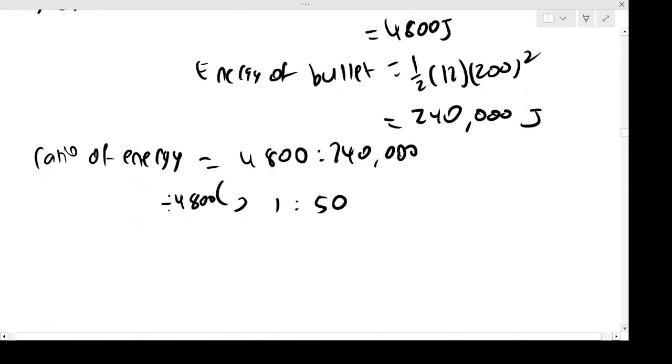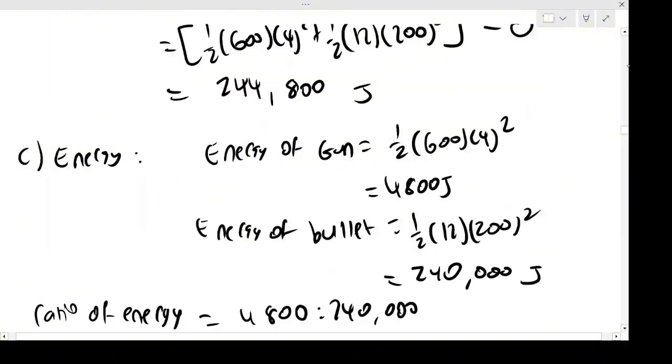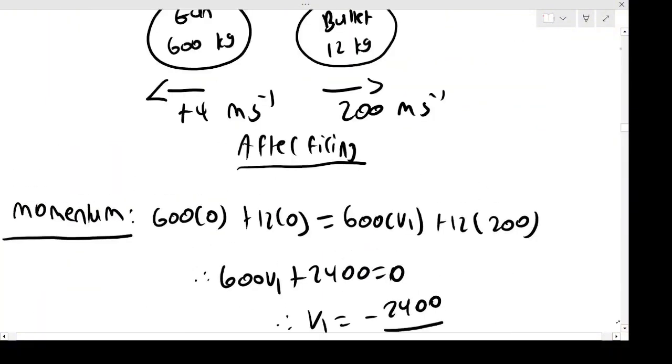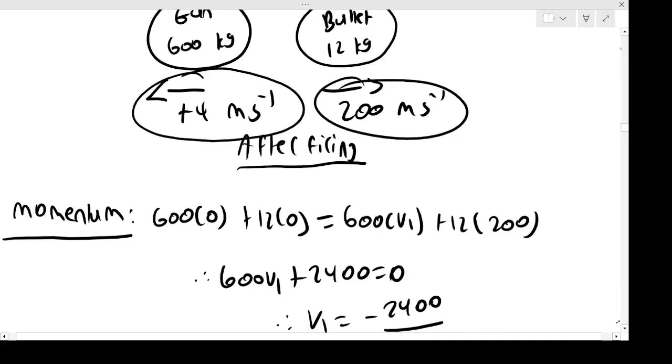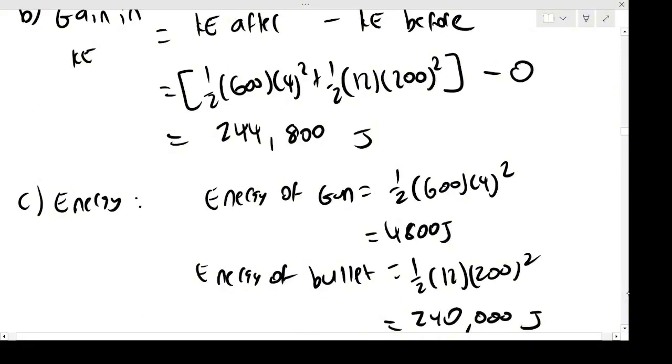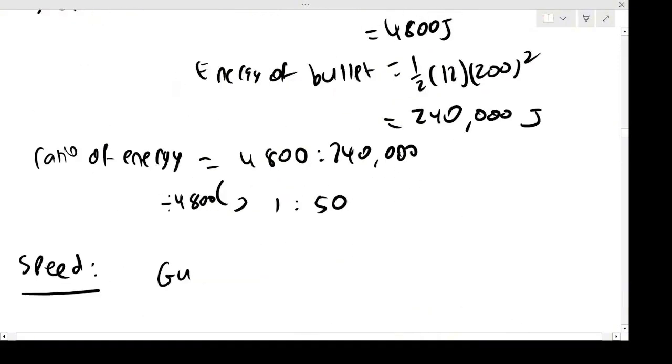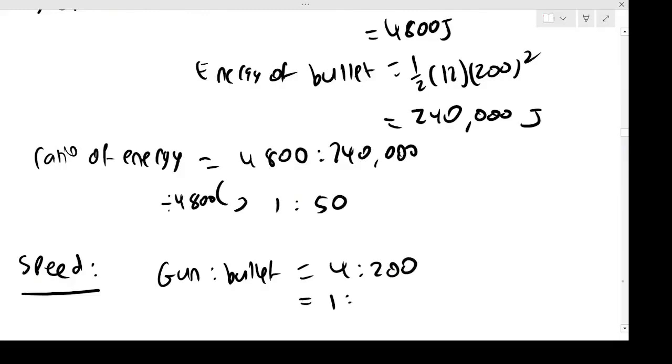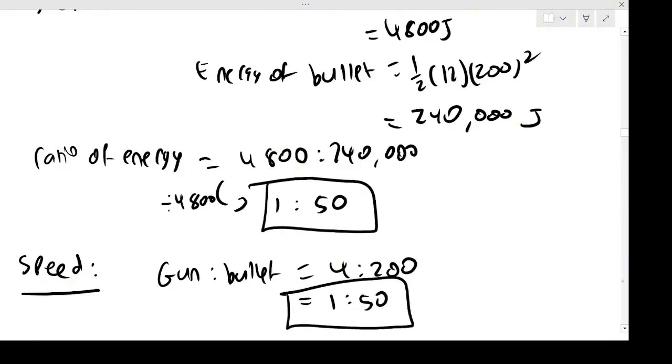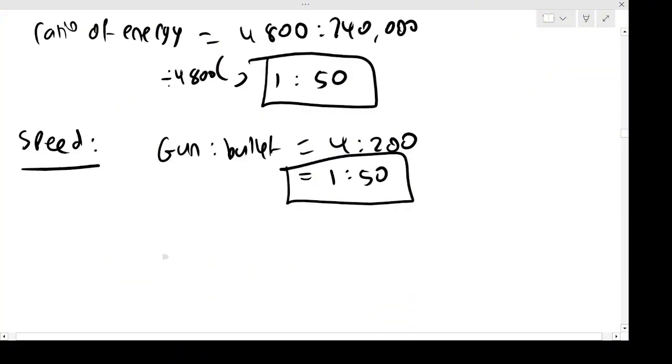Then we're going to look at the speed, because now it wants me to consider the speeds of the two of them. But that's quite nice. Well, we don't need to work anything out because we know what the speeds are. So the speed of the gun to the bullet is 4 to 200, right? And then that simplifies to 1 to 50. And so therefore, these two ratios are equal. Okay, and so there we are.